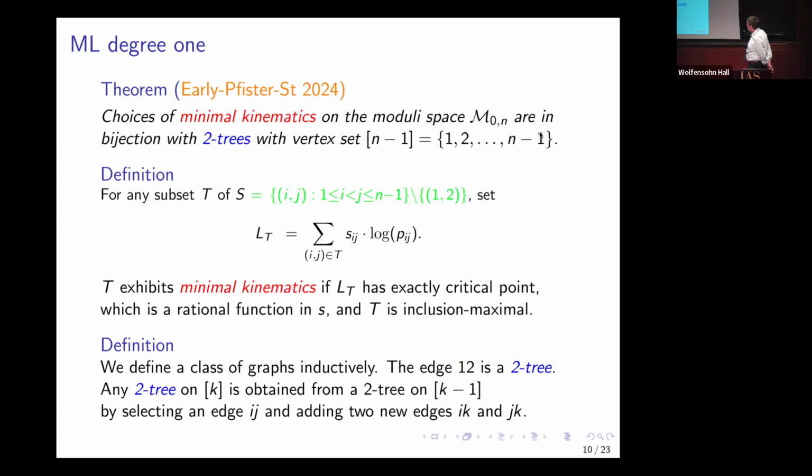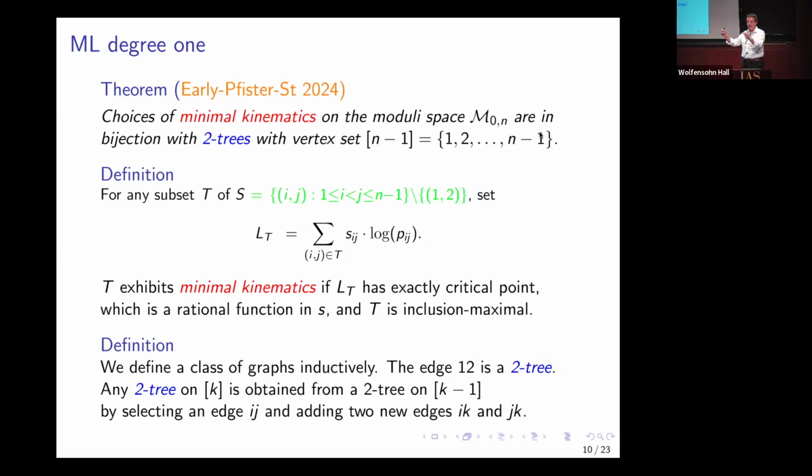Now, what's a two-tree? This is a class of graphs. They look like trees, but they're not trees. They're inductively defined as follows. If I have two vertices, then I glue in a single edge. This is a two-tree. Now, any two-tree on k vertices is obtained from a two-tree on k minus 1 vertices as follows.